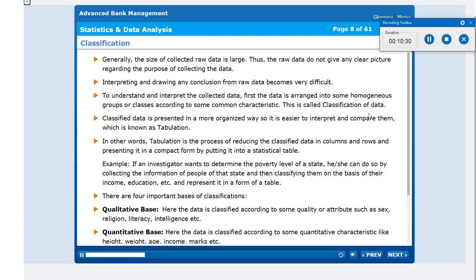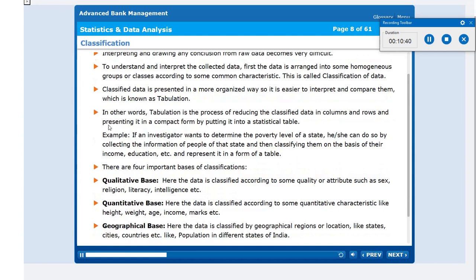This is called classification of data. Classified data is presented in a more organized way so it is easier to interpret and compare them, which is known as tabulation. In other words, tabulation is the process of reducing the classified data in columns and rows and presenting it in a compact form, by putting it into a statistical table.